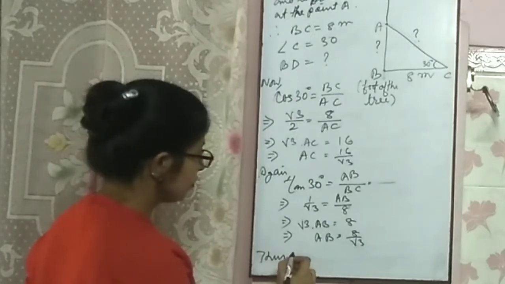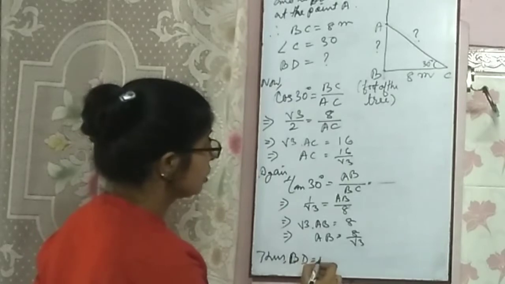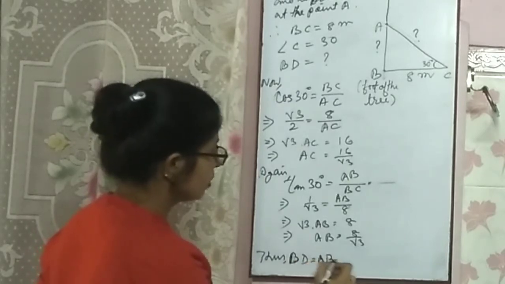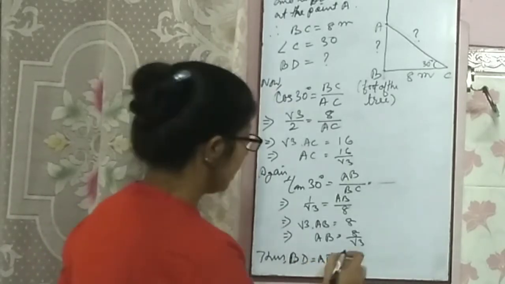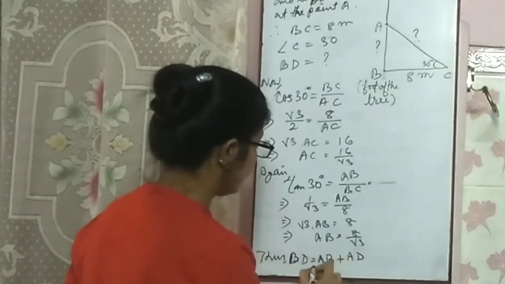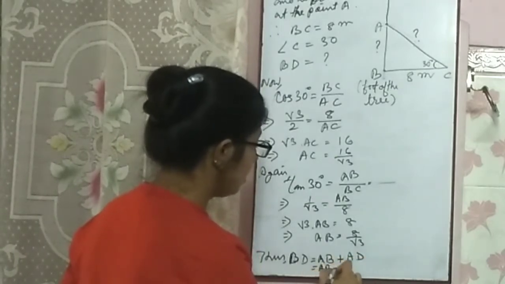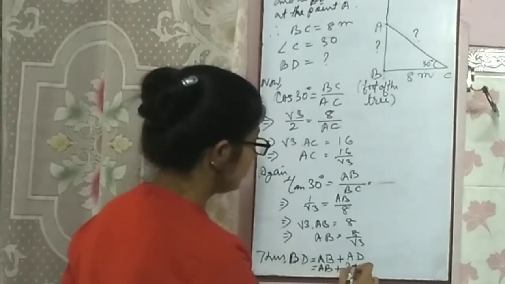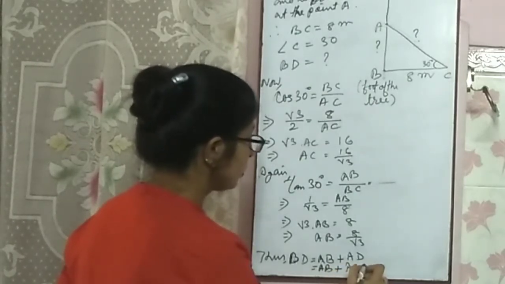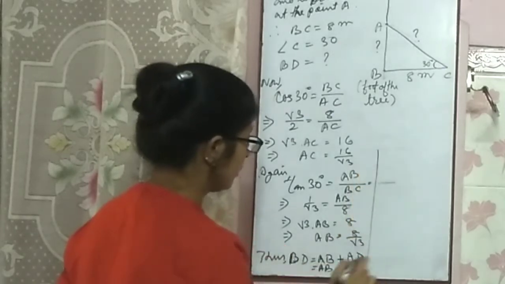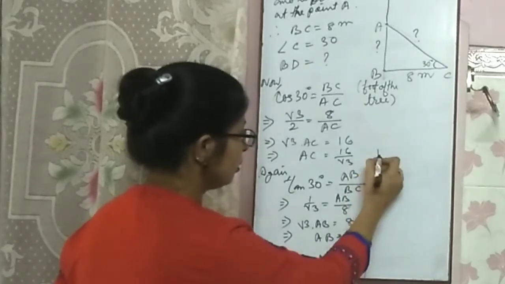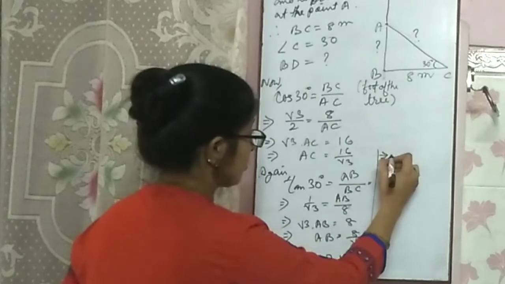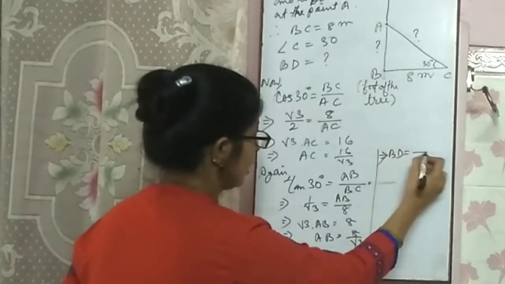BD is how much? AB plus AD, AB plus AD means AC. So after this I am doing here, add up.